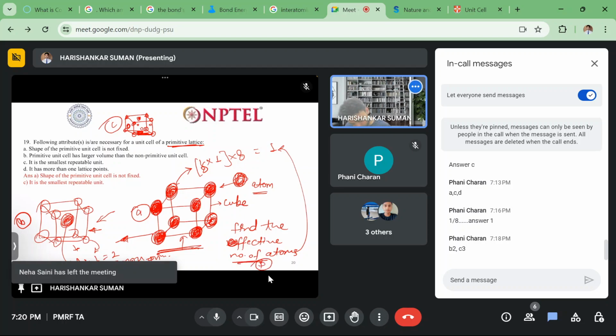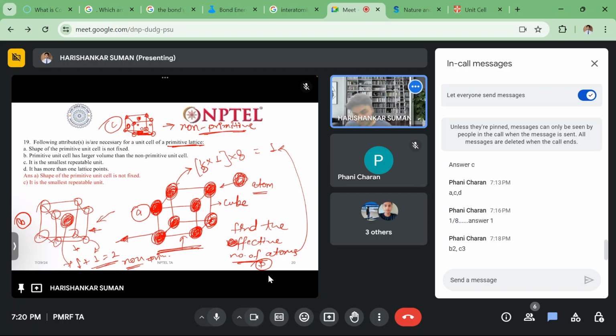This is non-primitive, and this is also non-primitive because the number of atoms is more than one.